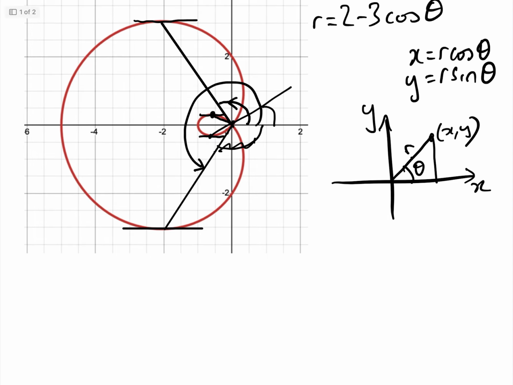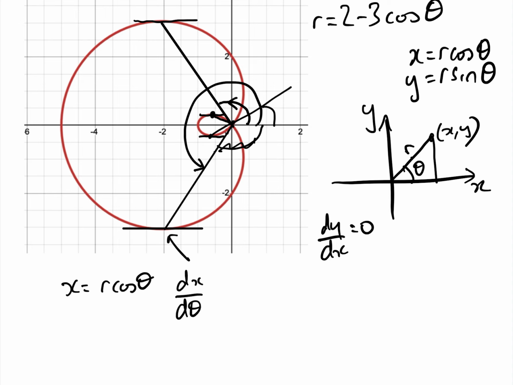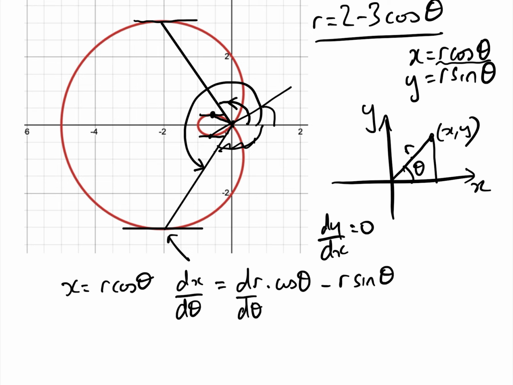Okay, so what we need to do is work out when dy/dx equals 0 to get these 4 horizontal points. So we've got x equals r cos theta, therefore dx/d theta, finding the derivative with respect to theta, we have to use the product rule because r is a function of theta. So that is dr/d theta times cos theta minus r sin theta.